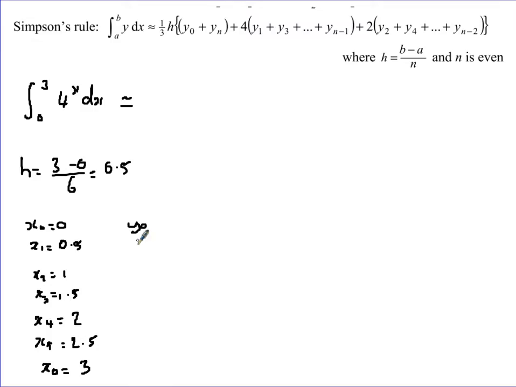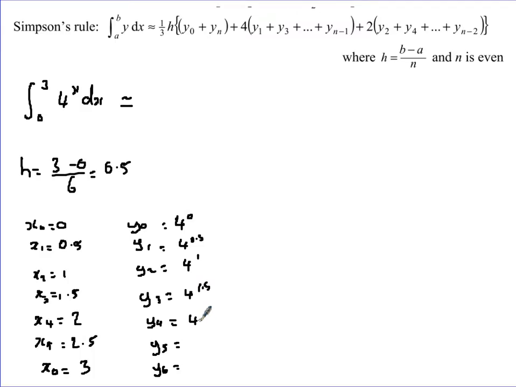Our y values then, they're created by subbing those x values into the function. So it's 4 to the 0, 4 to the 0.5, 4 to the 1, 4 to the 1.5. This one's quite nice because the numbers coming out will actually be fairly whole, and then 4 to the 3.